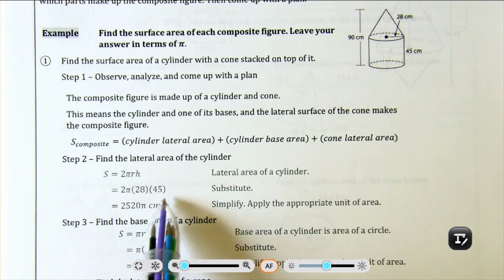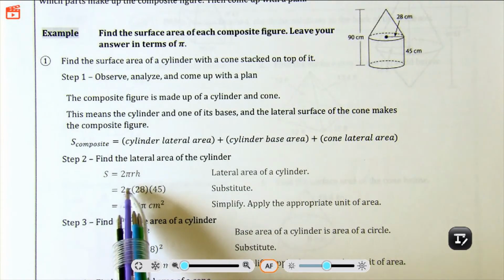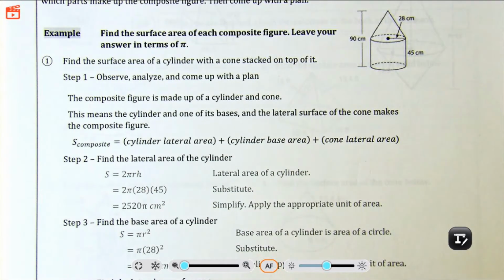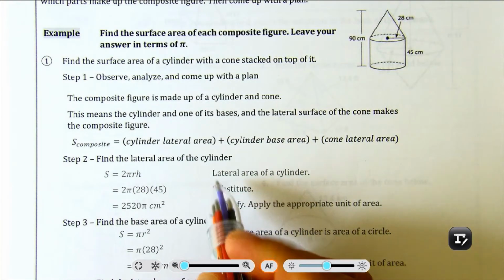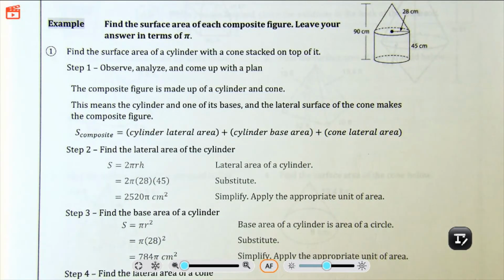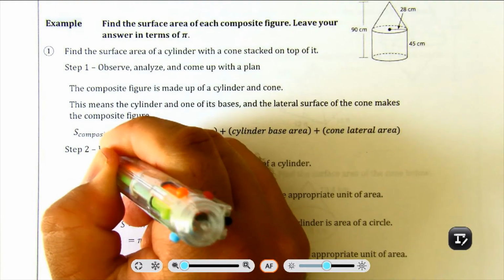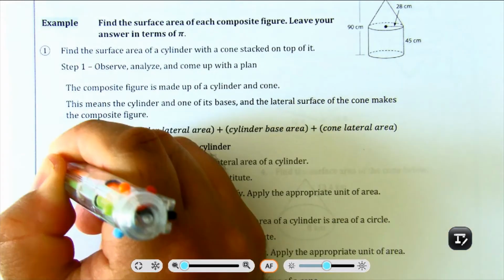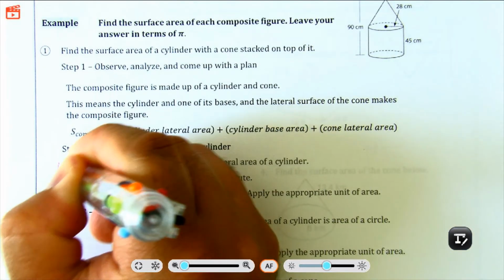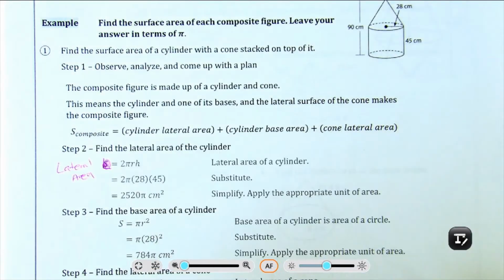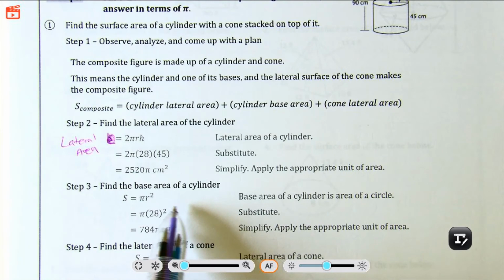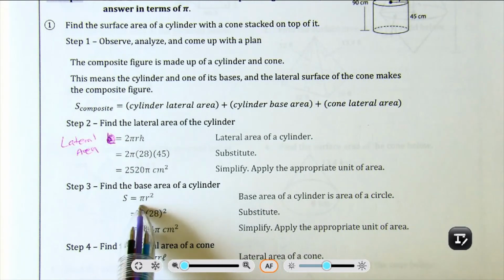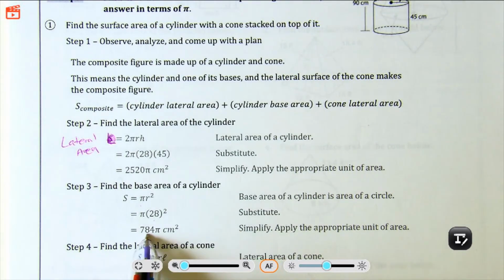This is going to be the lateral area of the cylinder, so this actually should be L, or lateral area. Then we find the area of the base. So we have pi r squared, so pi times 28 squared, which is 784 pi.